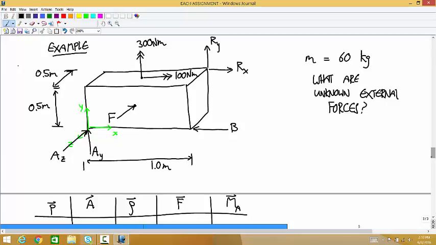How many variables do we have here? Let's see, 1, 2, 3, 4, 5, 6. We have 6 variables, and we know that Newton's laws are going to give us 6 equations in 3D. So this should be solvable unless some of those are redundant forces. It's still possible that it wouldn't be, but that's a good sign.